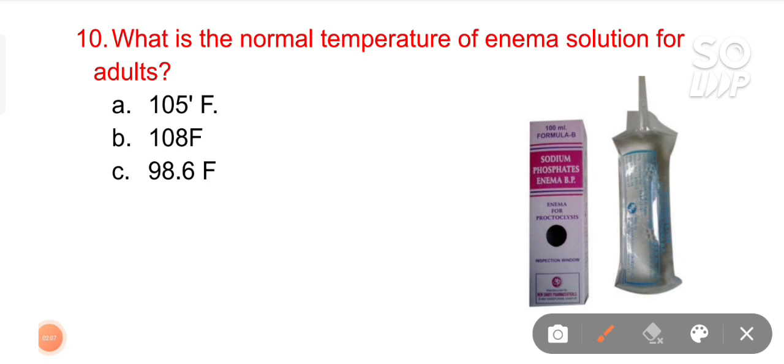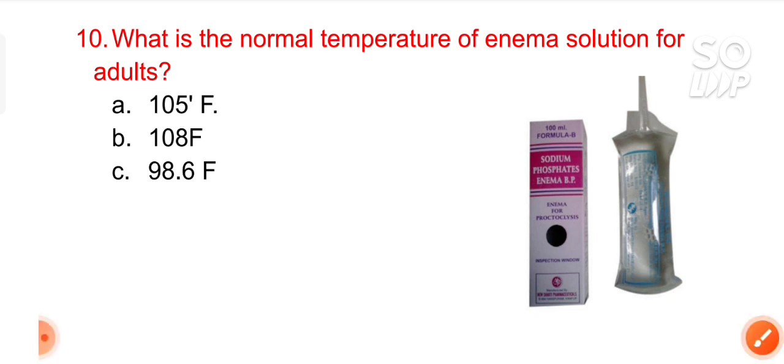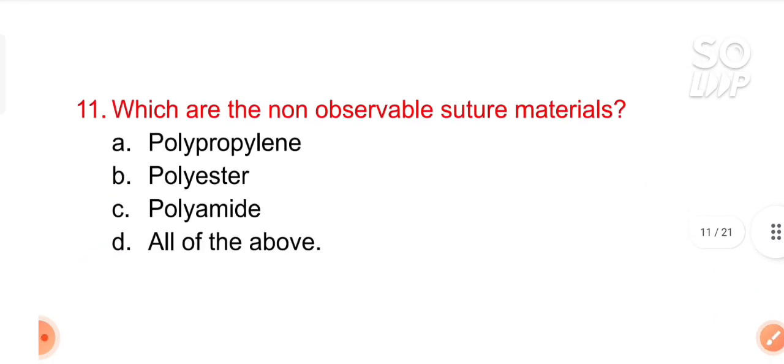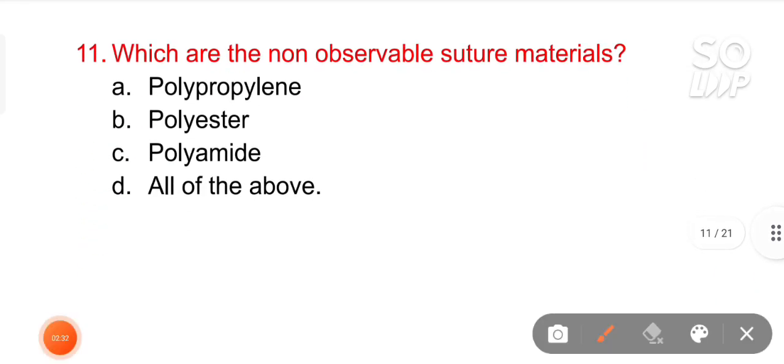Option A, 105 degrees Fahrenheit, option B, 108 degrees Fahrenheit, option C, 98.6 degrees Fahrenheit. The right answer is option A, 105 degrees Fahrenheit. Only at this temperature can we give the enema to the patient.